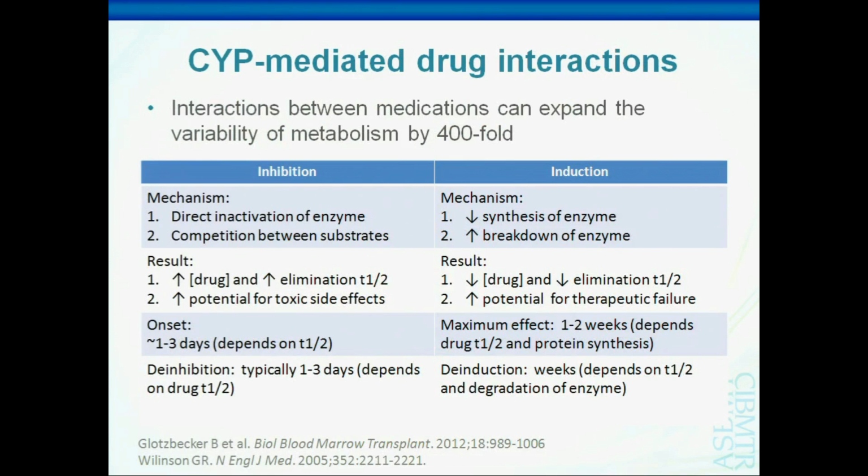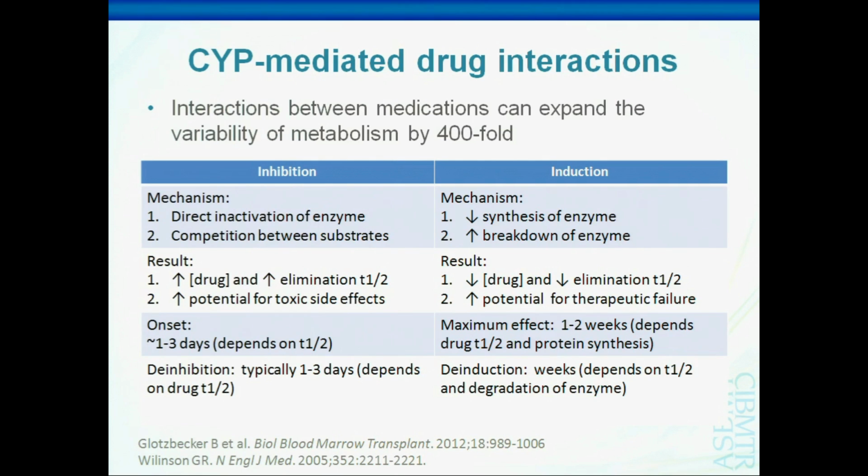So what are the mechanisms of the interactions that we see in the CYP450 family? Basically, inhibition and induction. Within inhibition, there are 2 main mechanisms for this interaction. First is direct inactivation of the enzyme by the inhibiting medication, and also competition between substrates of that enzyme.